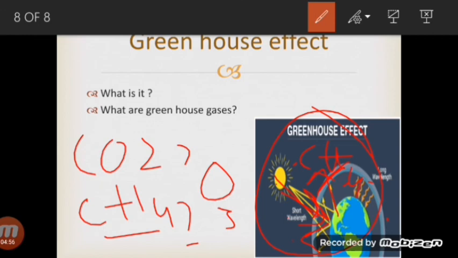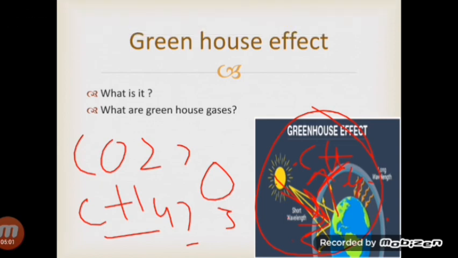As a result, the temperature of the Earth is increasing due to the presence of these gases, and we need to control the emission of these greenhouse gases by opting for some measures, such as using means of transportation which are environment friendly, releasing less nitrous oxide and sulfur dioxide, and using green fuels, which are environmentally friendly fuels, releasing less carbon dioxide and other pollutants in the atmosphere. So thank you so very much.